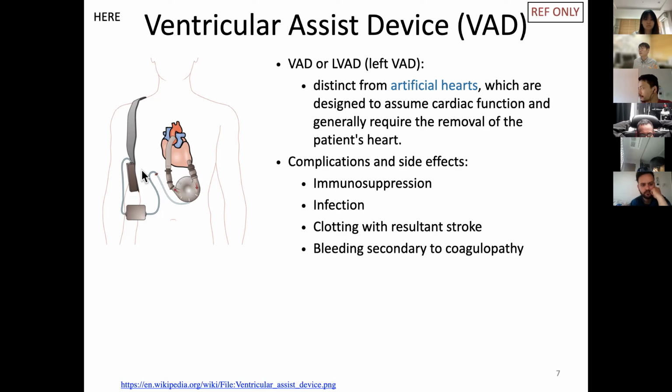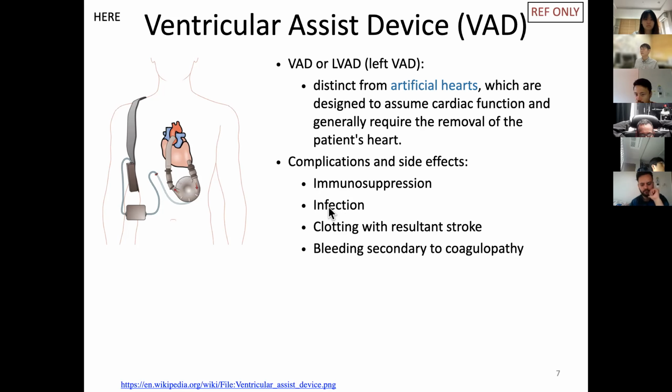So the patient may have to take immunosuppression drugs. That's a complication and side effect. Immunosuppression makes the patient more vulnerable to external infections, so infection would be a complication.